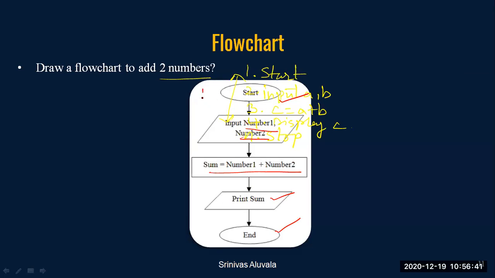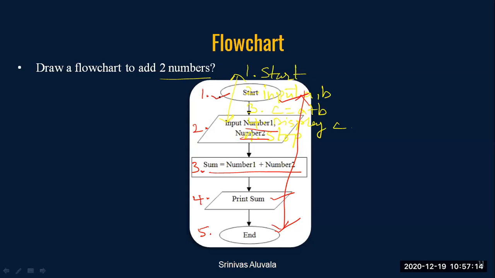My first step is the start of the algorithm, the second step is reading two values, the third step is computing the sum of two numbers, the fourth step is giving the output to the user, and the fifth step is ending the algorithm. The same algorithm is shown using pictures from top to bottom to get a solution to my problem, that is adding two numbers. So the symbols I used here include the terminal symbol.